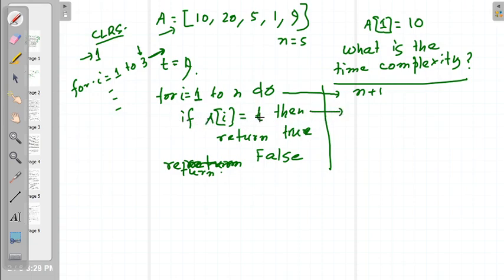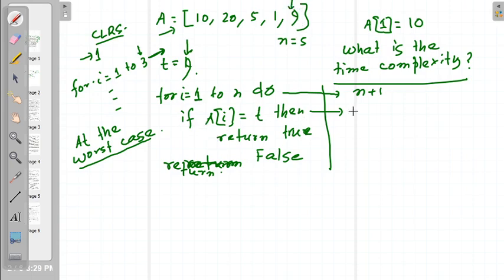And how many times is this statement being executed? If a[i] equals t, so every time at the worst case, okay, we are talking about the worst case. So worst case, how many times is this getting executed? It may so happen that the element I am searching for is at the end of this list.